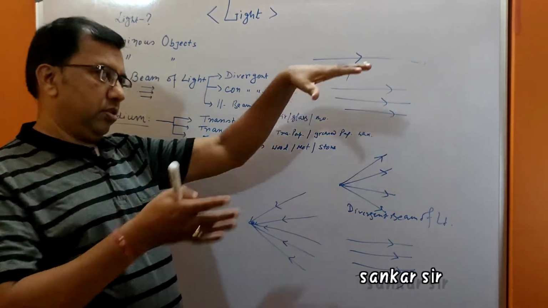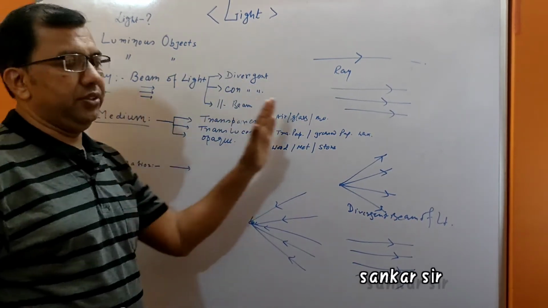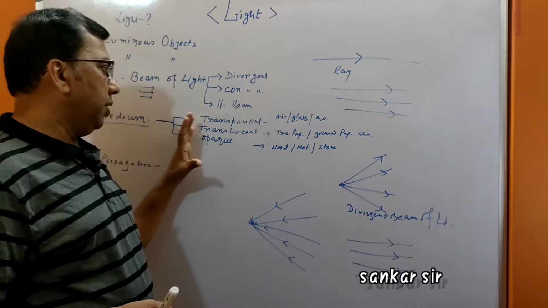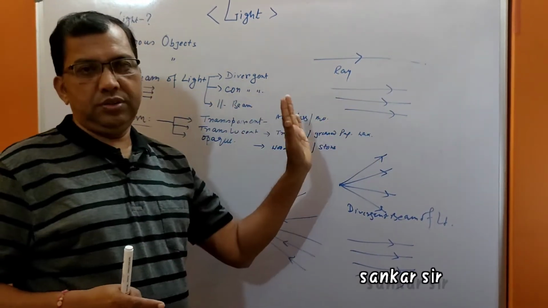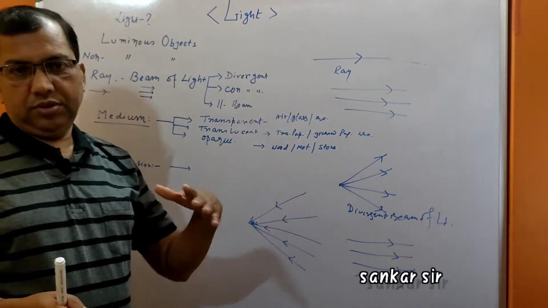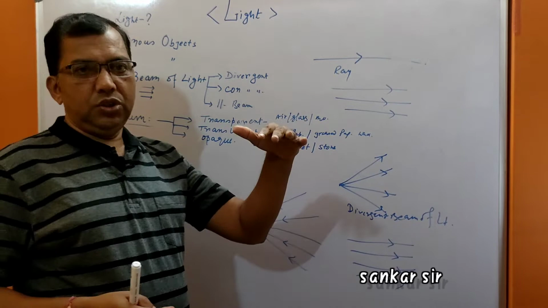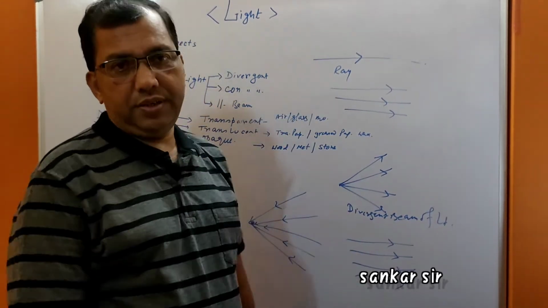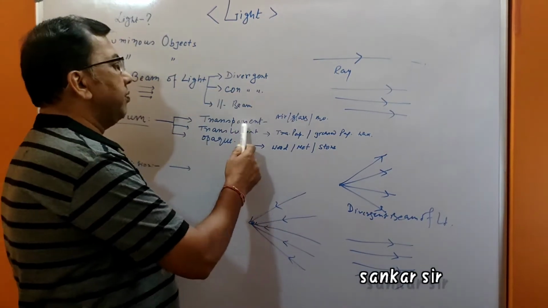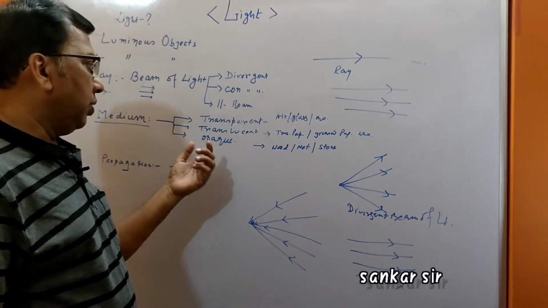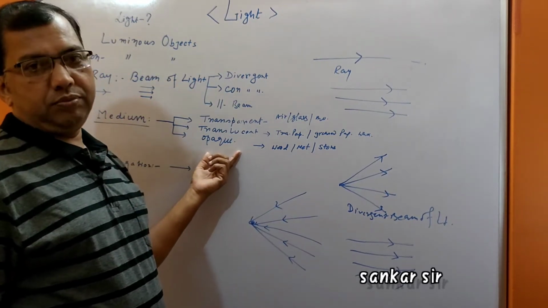The medium is the path in which light travels. It can be air, water, or glass. So there are different types of medium: transparent medium, translucent medium, and opaque medium.